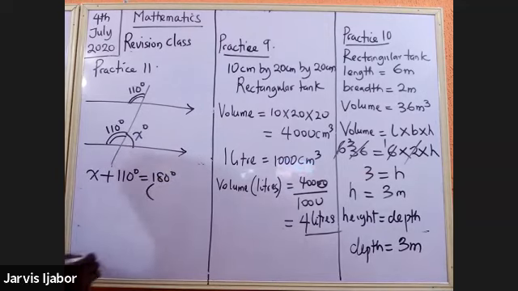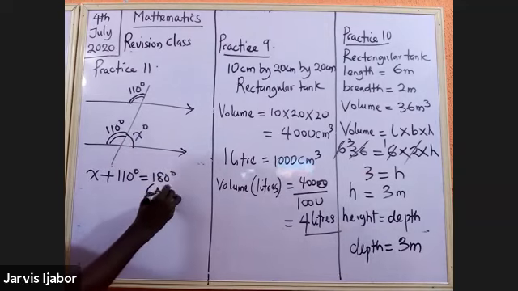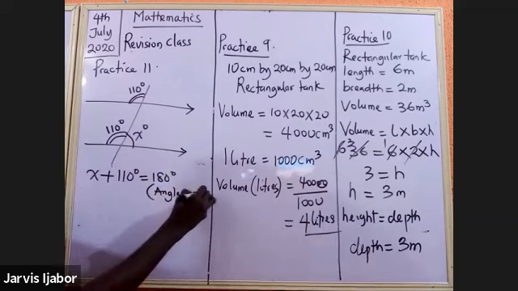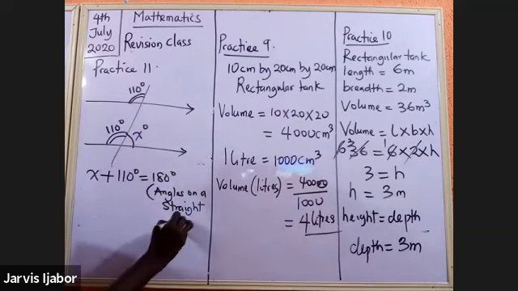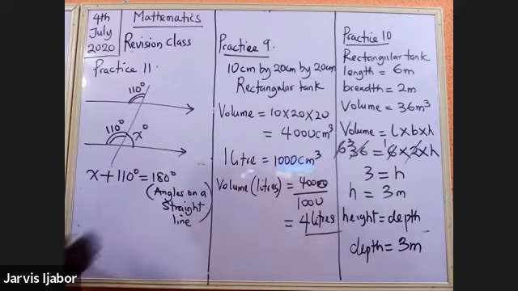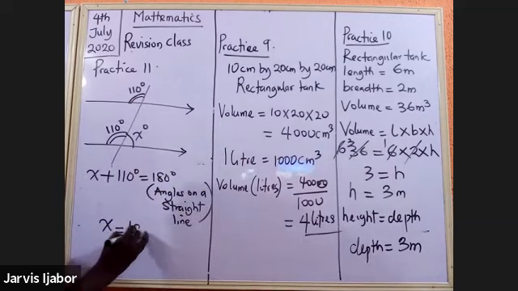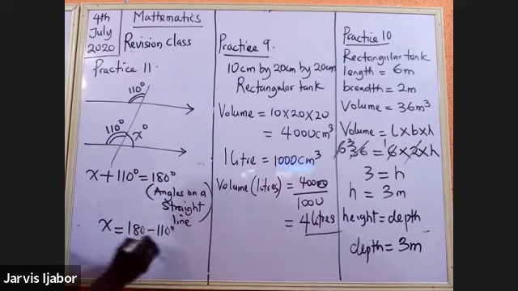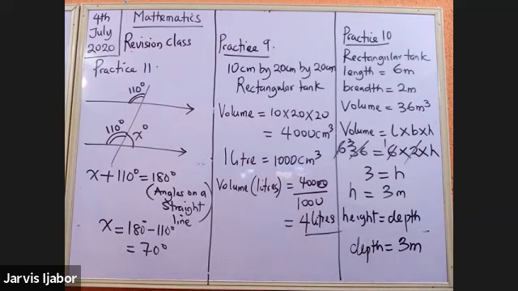What is the reason for this? Angles on a straight line. So x will now be equal to 180 minus 110 degrees, and that will be 70 degrees.